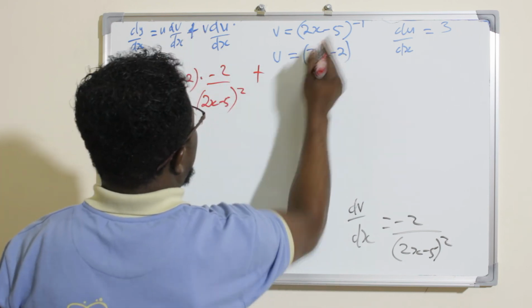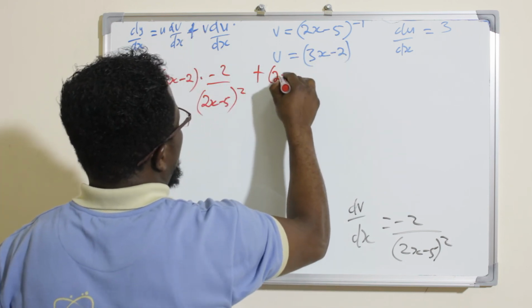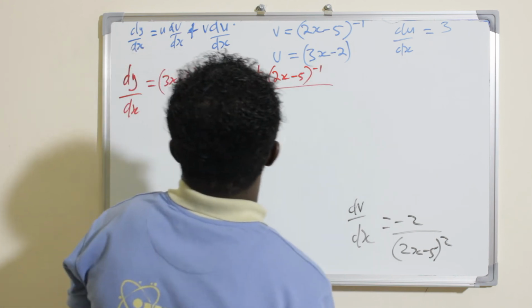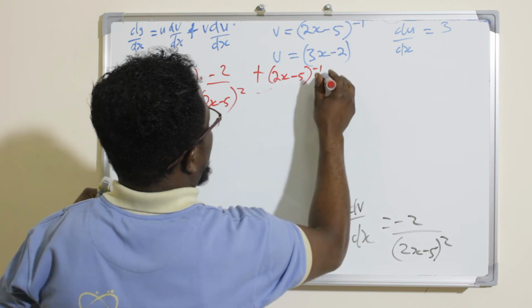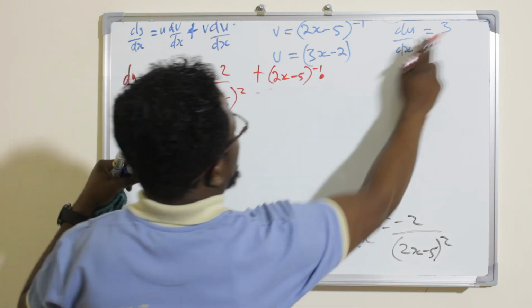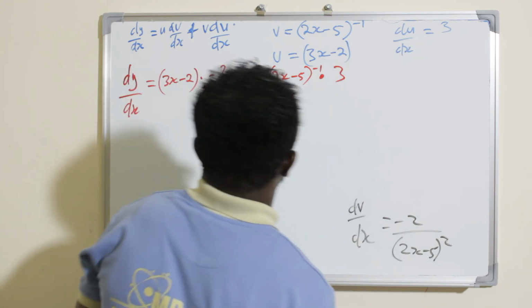And what is v? V is (2x minus 5) exponent negative 1, multiplied by du dx. Du dx is 3. So multiply this by 3.